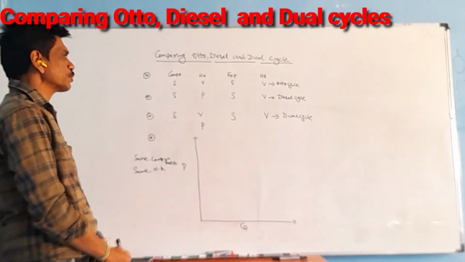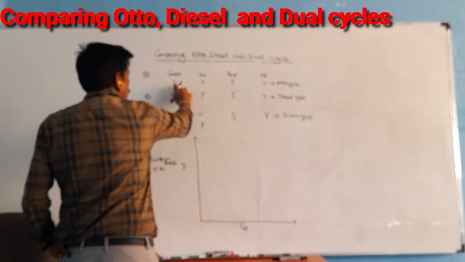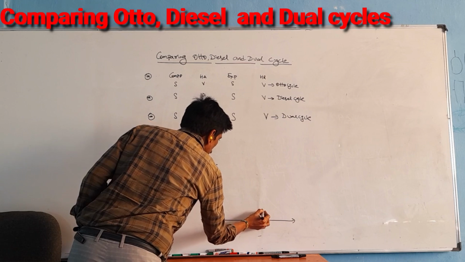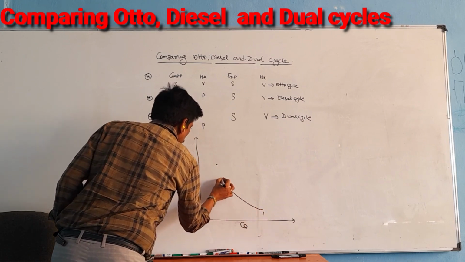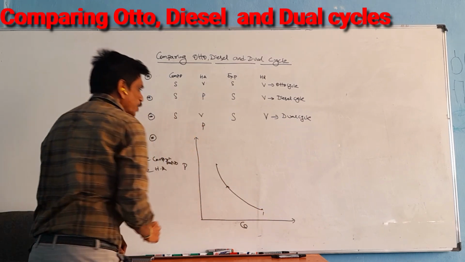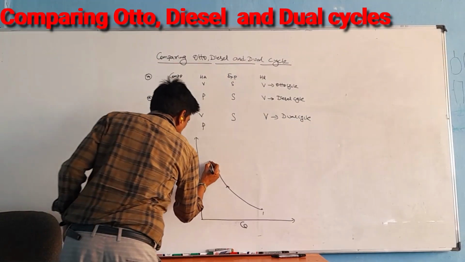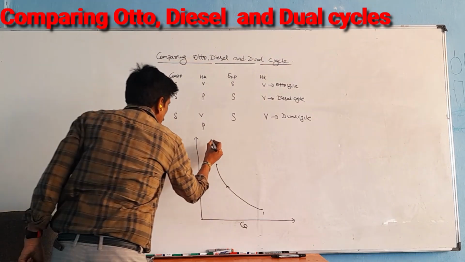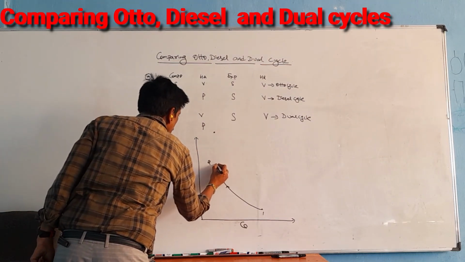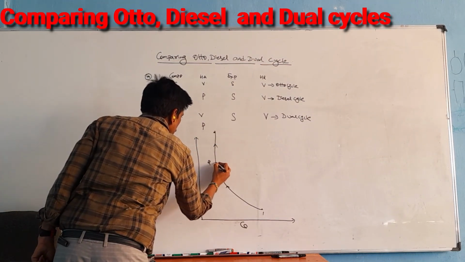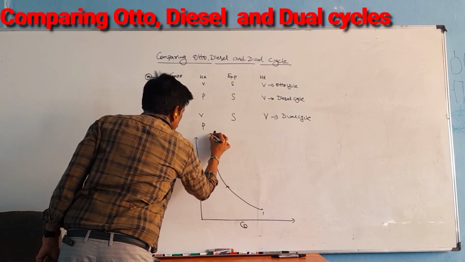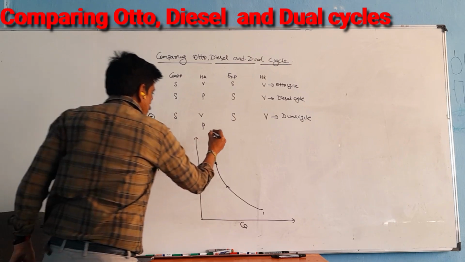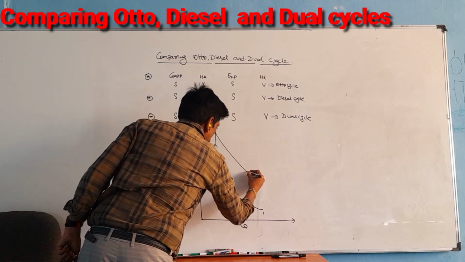First I am drawing the Otto cycle. SV, SV. So 1 to 2 is the isentropic compression. Then the heat addition is the constant volume heat addition. And the expansion is the isentropic expansion.